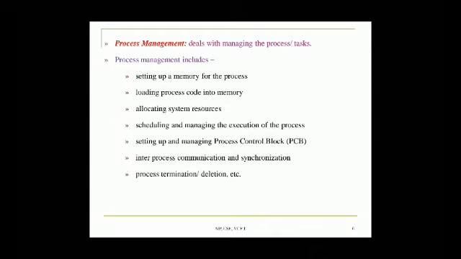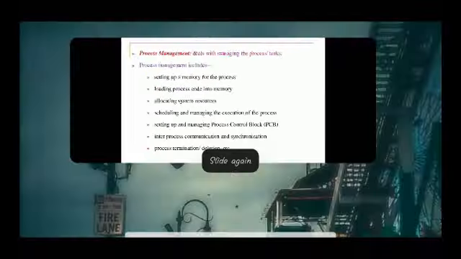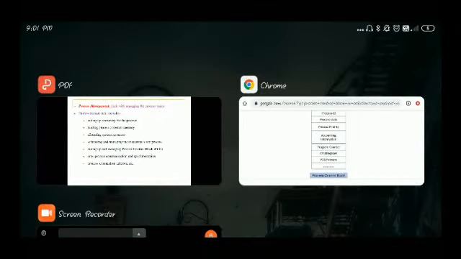Coming to the next point, process management plays a role in setting up and managing the process control block. The process control block is one of the data structures generated by the operating system or kernel for each and every process. Once the process is created, there will be a data structure which holds all the data corresponding to the process. Just have a look at this pictorial representation, the block diagram.